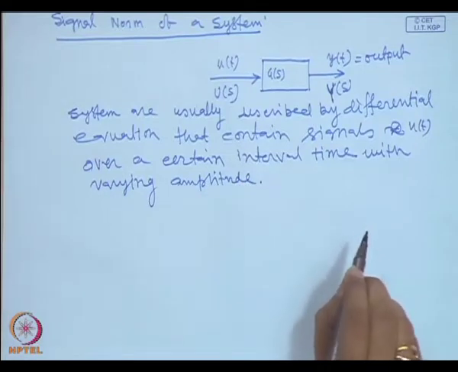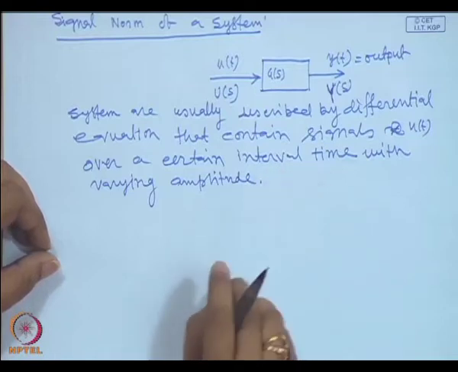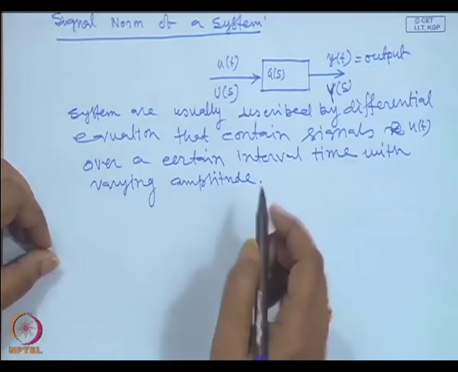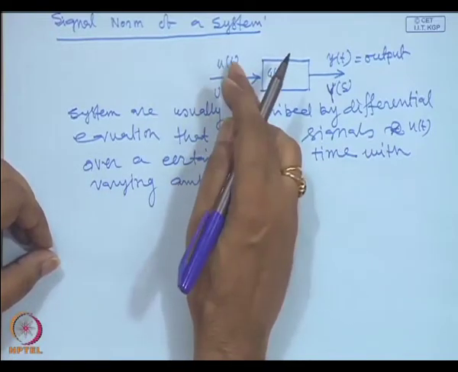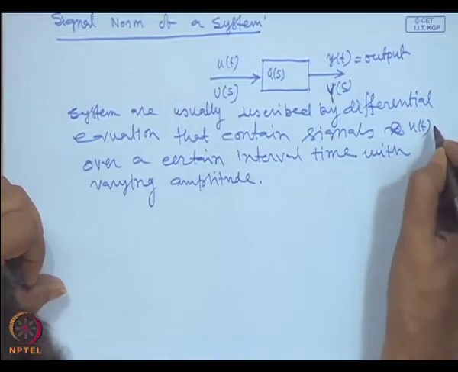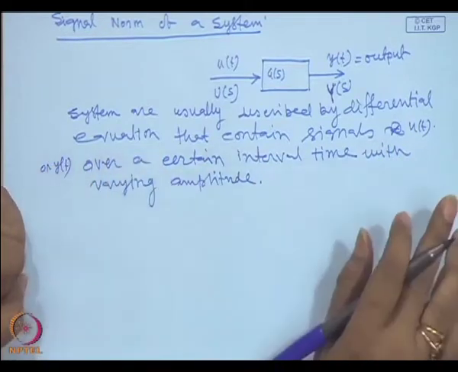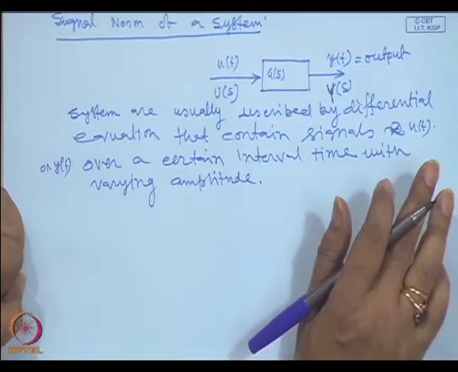So, our job is to find out the signal, measured by a number. Our job is to measure the strength of the signal by a number, or size of the signal by a number, u of t or y of t. Strength of the signal or size of the signal we have to find out.